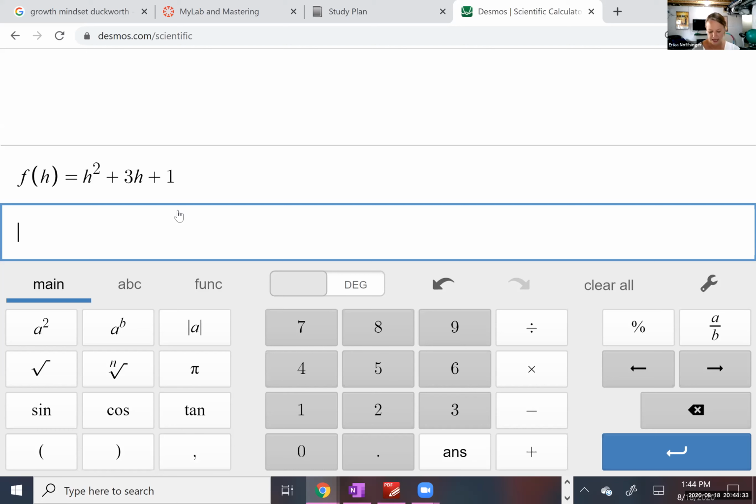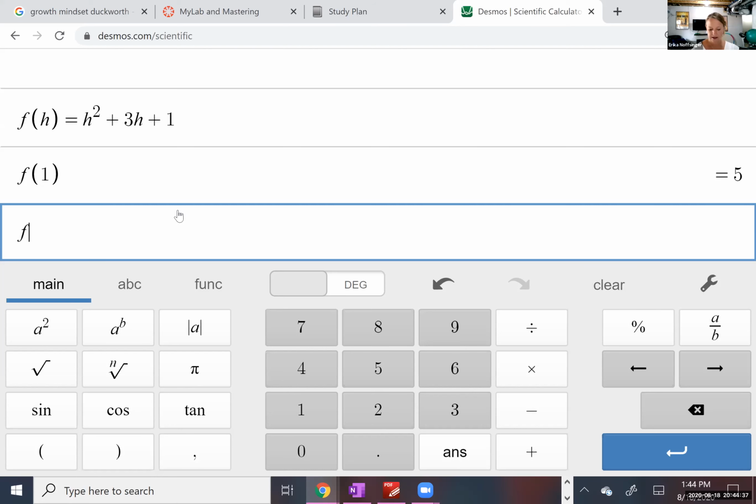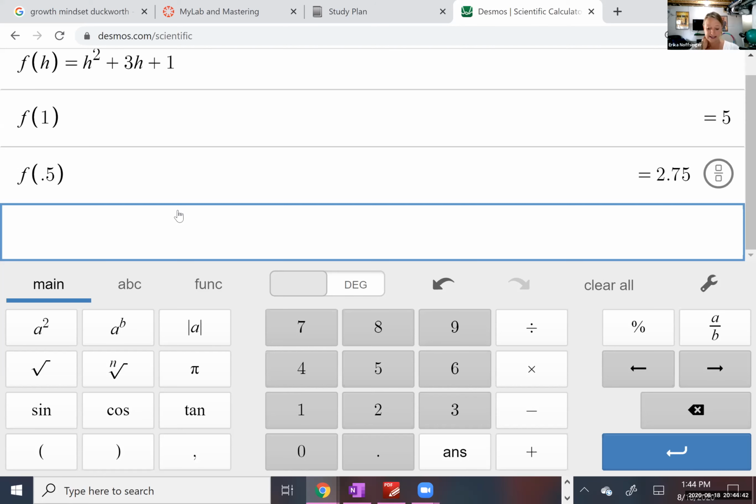So let's see what's happening. We saw f of 1 gave 5. Well, what about a half? That gives us 2.75. I'm just going to see, is this going to approach some value as I make that h value, that distance, smaller and smaller and smaller. So if I do 0.25, I get 1.8.